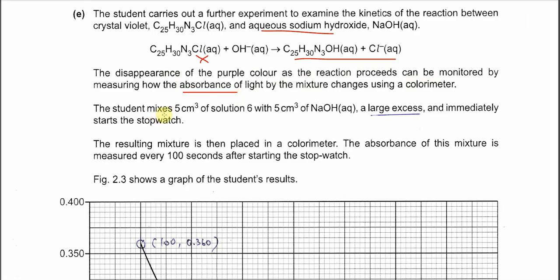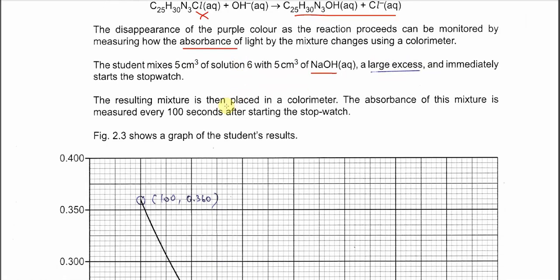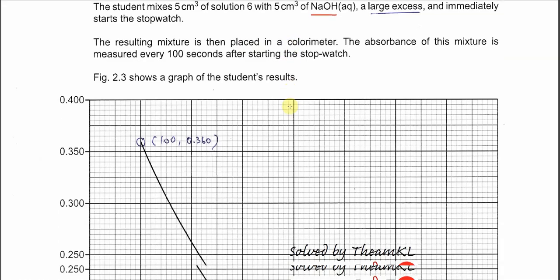The student mixed 5 cm cube of the dye solution with 5 cm cube of sodium hydroxide. The hydroxide is in large excess, and the student immediately starts the stopwatch. After mixing, start the timer. The resulting mixture is placed into the colorimeter and the absorbance is measured every 100 seconds.